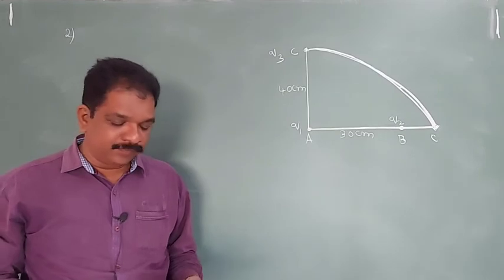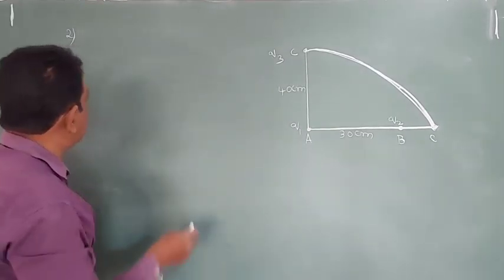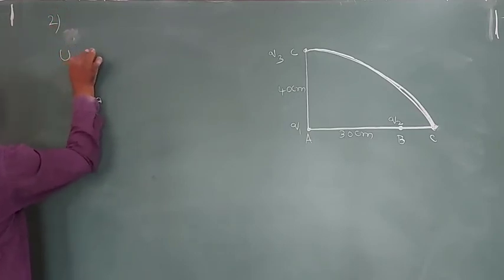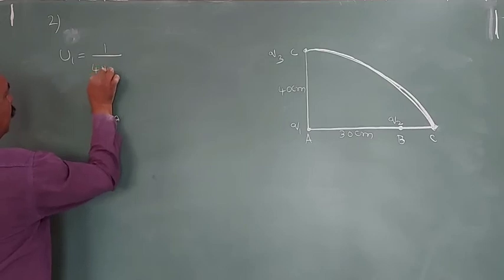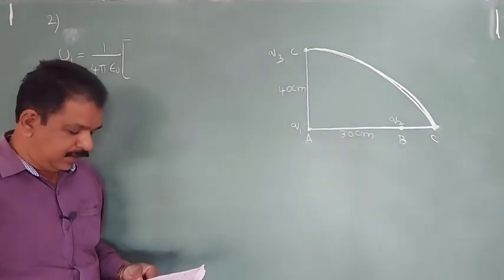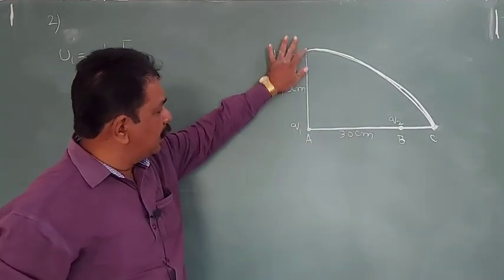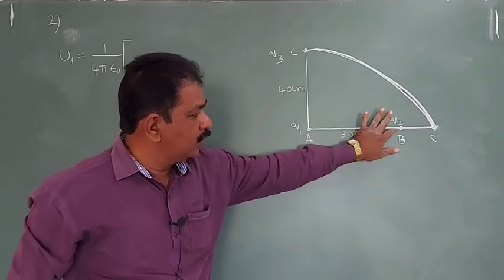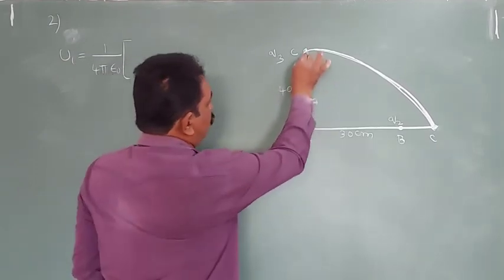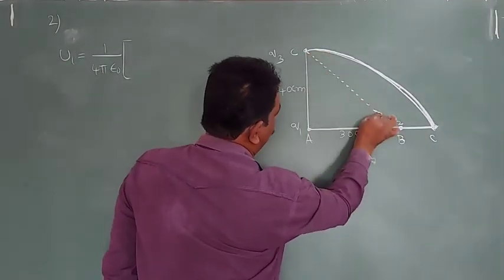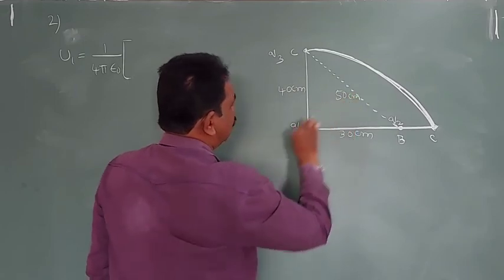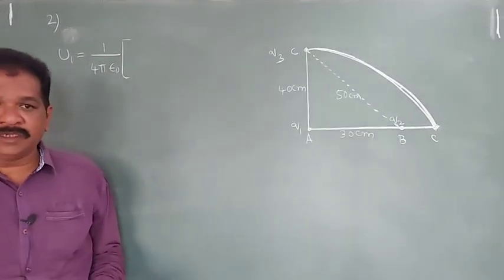That is the question. So here, initial potential energy we will write first. What to write? U1 is equal to 1 by 4 pi epsilon naught. Initial potential energy means Q3 is here, Q1 is here, Q2 is here. Okay? So, this distance value will be how much? This is 40, this is 30, means this right angle triangle, that will be 50 centimeter.